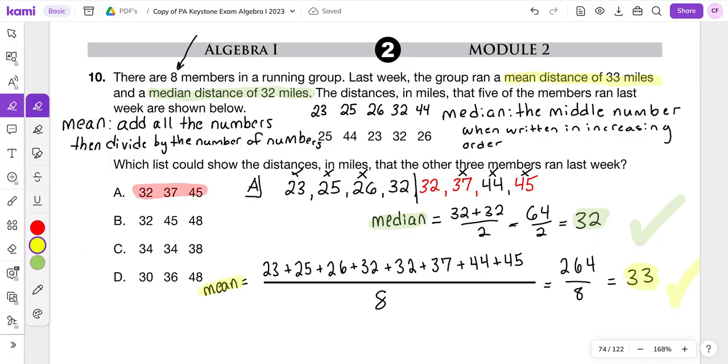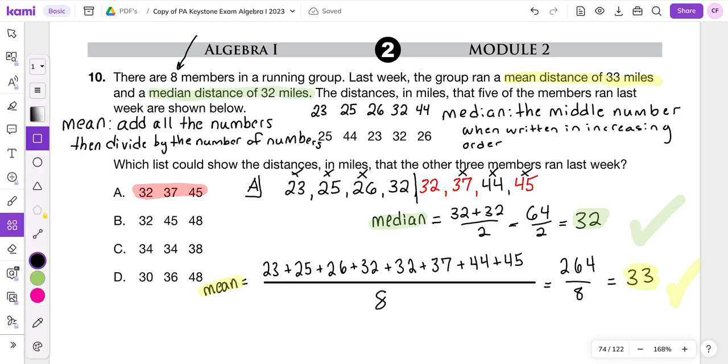Since Part A passed with both the median of 32 and the mean of 33, that tells us that A is the correct answer choice here. Which means, in context to the problem, the other 3 members ran 32, 37, and 45 miles.